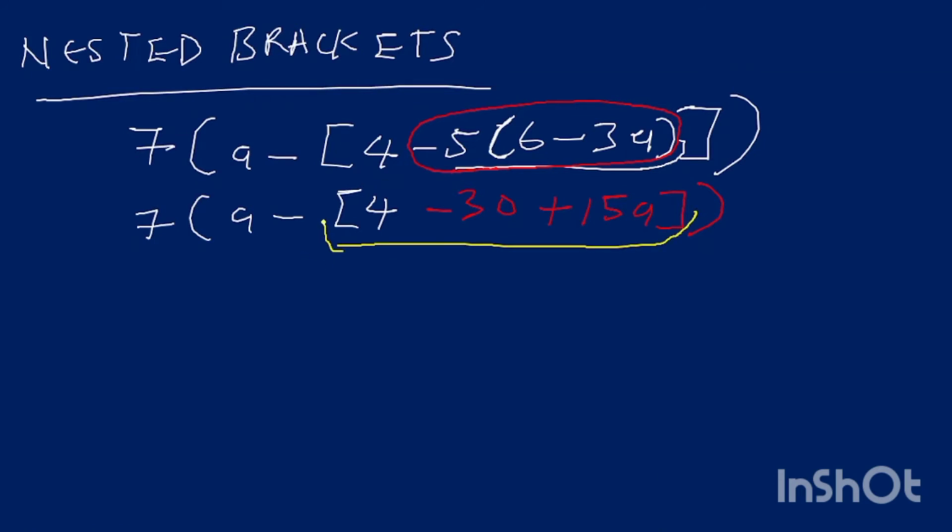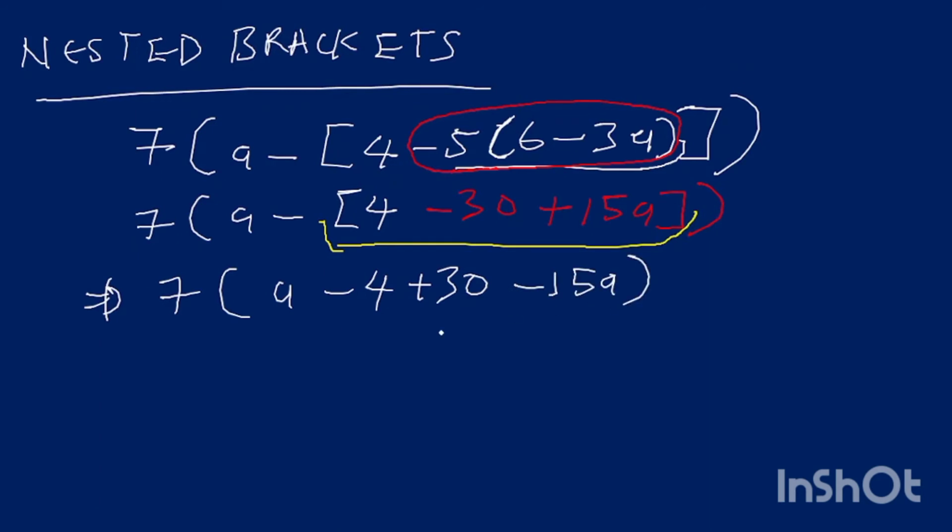Now to remove this bracket is very simple. I continue from where I stopped. So this is 7 into a minus. There's nothing, so a minus multiplied by 4 will give me minus 4. Minus multiplied by minus 30 will give me plus 30. Minus multiplied by plus 15a will give me minus 15a.